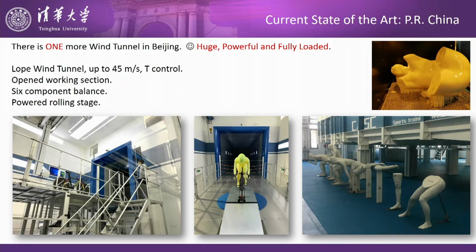We have done a lot of work on it, and it has 6-component balances and a powered rolling stage. Some rolling stages are not powered and are driven by athletes or others, but this one is powered, so this part is totally different. And to solve the supporting structure problem, we 3D printed a lot of mannequins. They are very expensive.